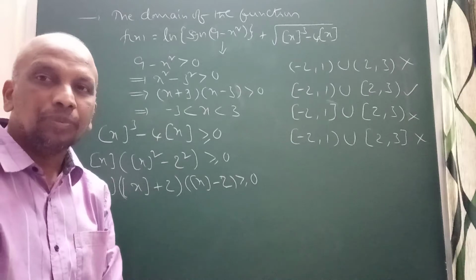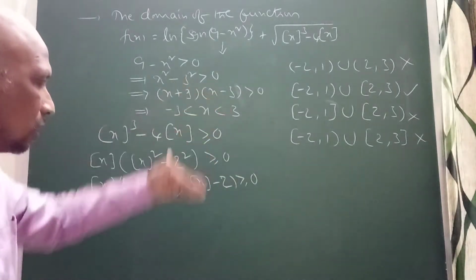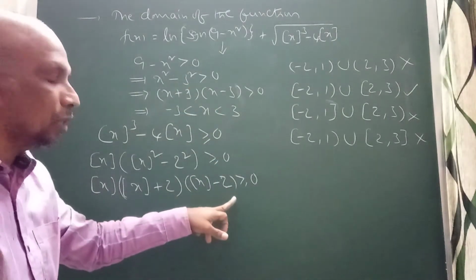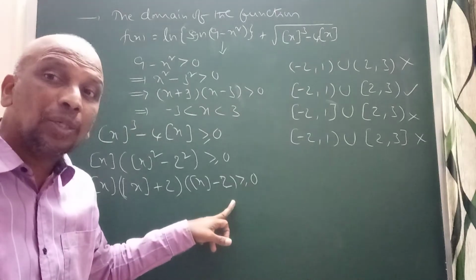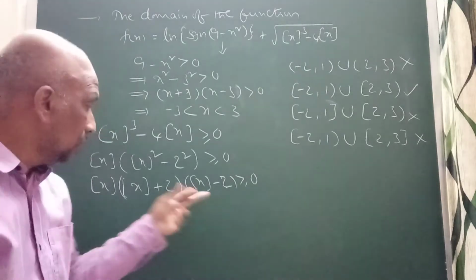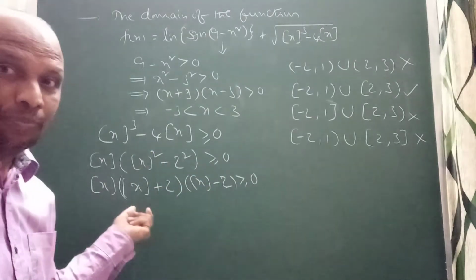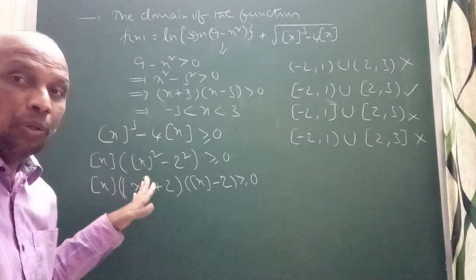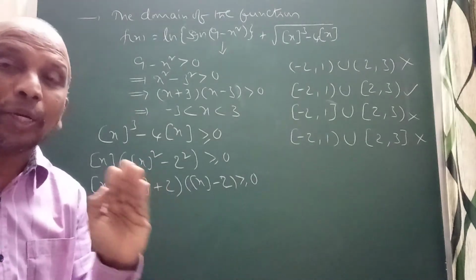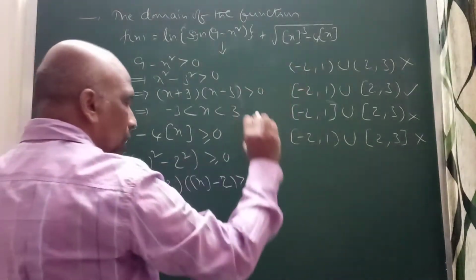That will be the answer. Otherwise, if you want to find the procedure, it means x value greater than or equal to 2. In this, you can think about it: this should be positive, this should be positive, means this x value lies between minus 2 and 0. If you follow that, you get the answer.